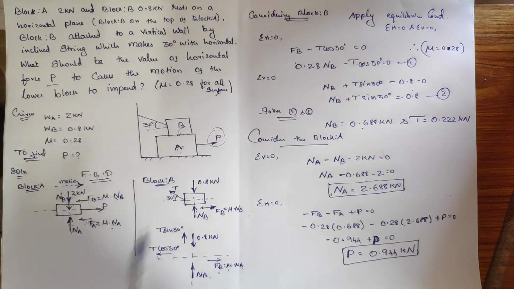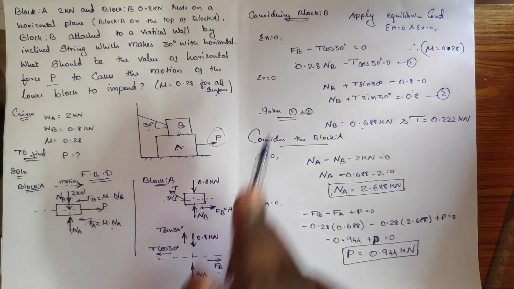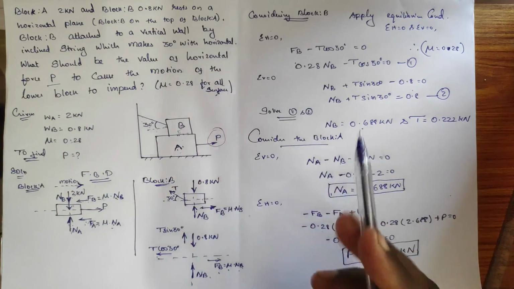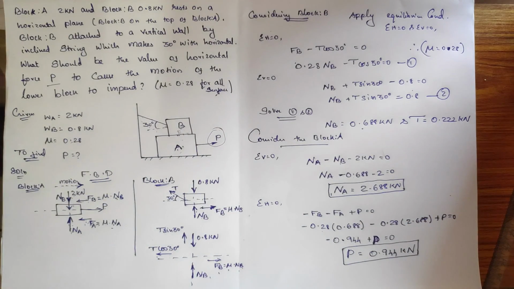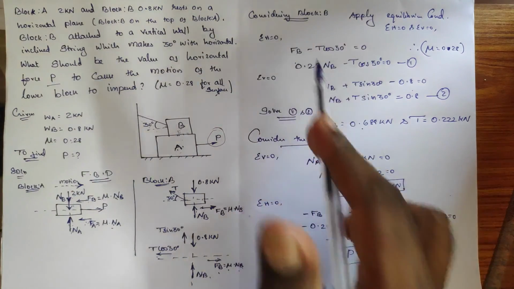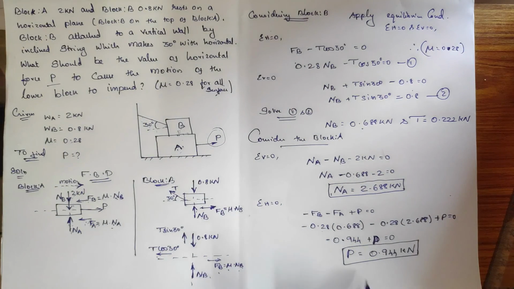So here the block B is having minimum number of unknowns, so I have solved it. I got some of the answers, and just considering block A by substituting all the answers which we got in the previous block, we will get the answer for the P force just required to move the block A. I hope you understood. Thank you so much.